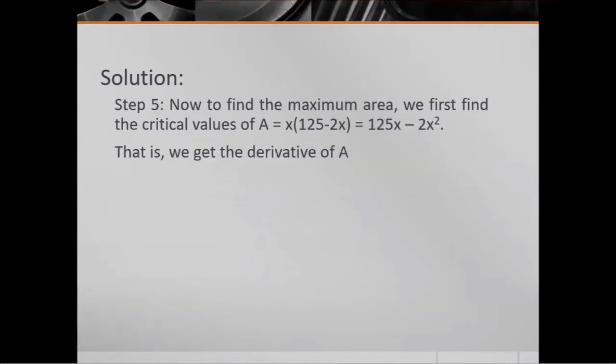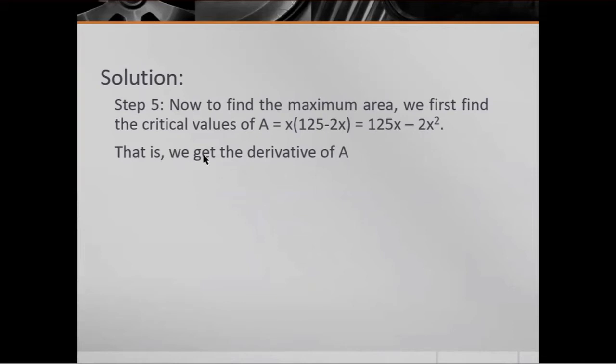Okay, step 5. Now, to find the maximum area, we first find the critical values of A. So we have A equals x times 125 minus 2x, or it is the same as 125x minus 2x squared.